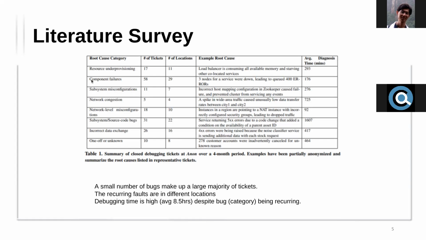You see component failures and subsystem source code bugs make up close to 90% of all the different tickets. And even though the recurring faults are the same kind of bugs, they are at different locations, which makes the debugging time very high, an average of 8 hours, even though they are quite similar.